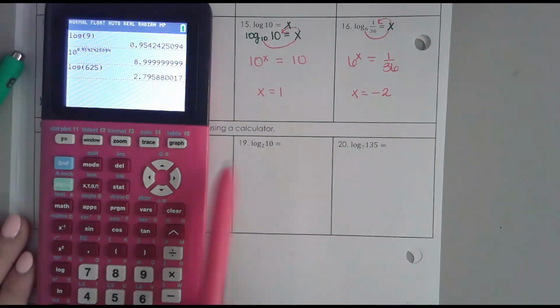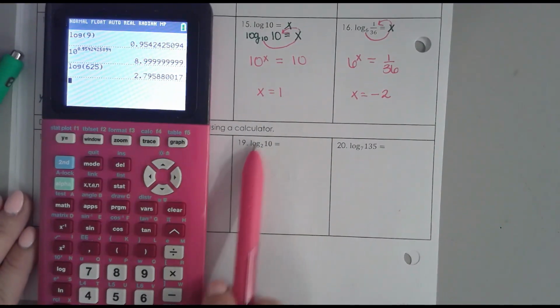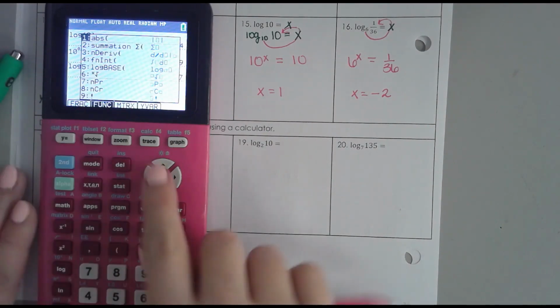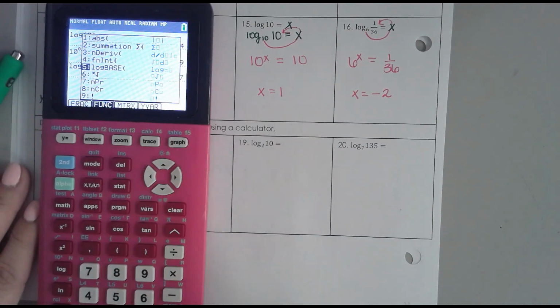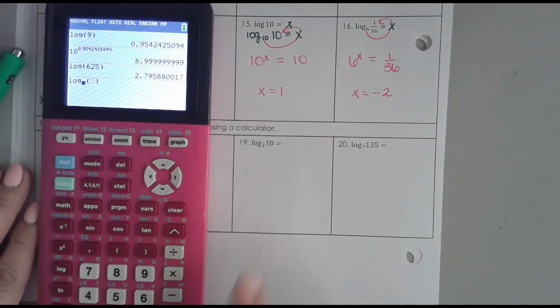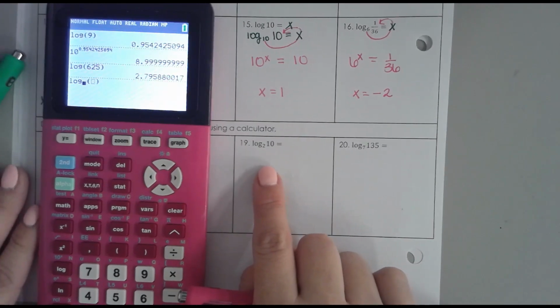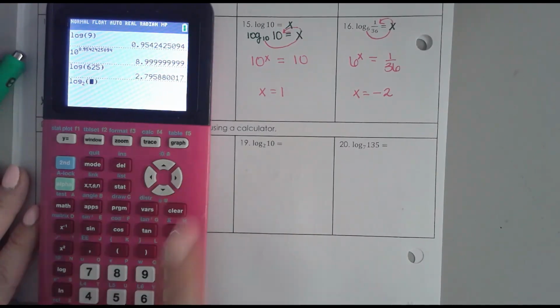So a couple places to find this in the calculator. Alpha window. If you look down at number 5, it says log base. It's going to let you type in a different base. That's probably the easiest place to find it. So log base 2 of 10.